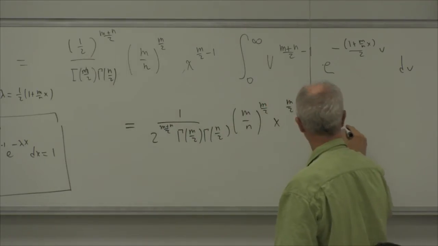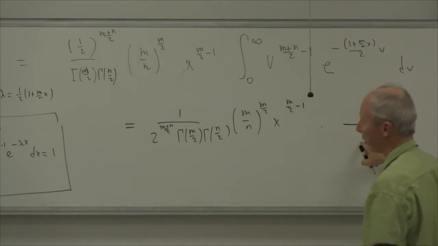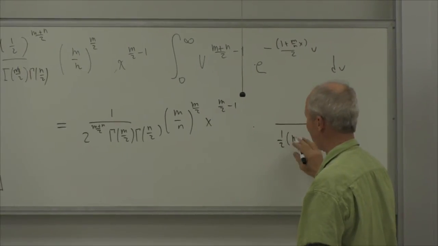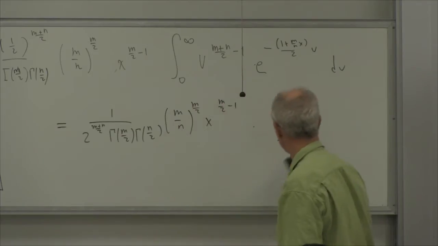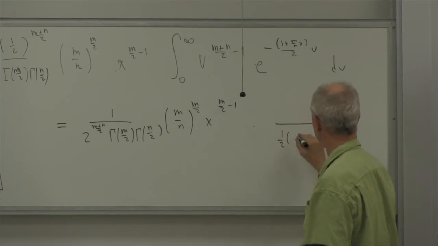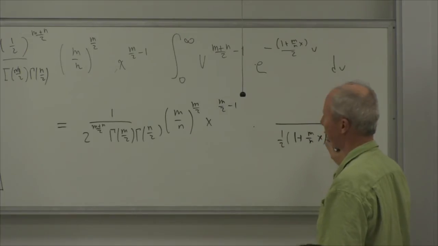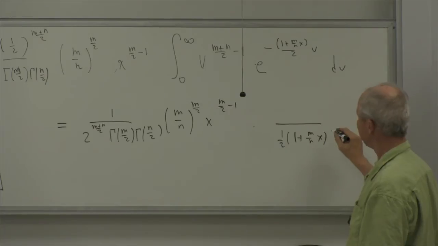And here I'd get lambda to the alpha in the denominator. That'd be 1/2 times 1 plus m over n x raised to the power alpha, right?